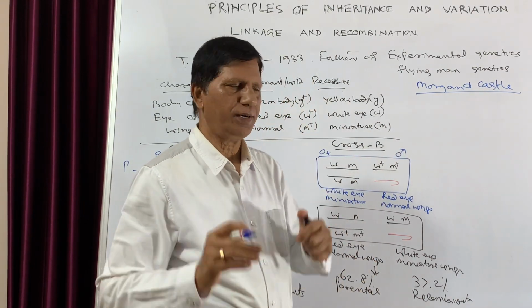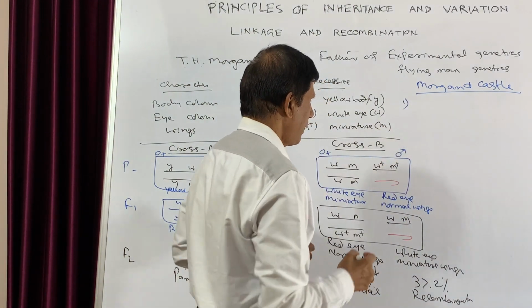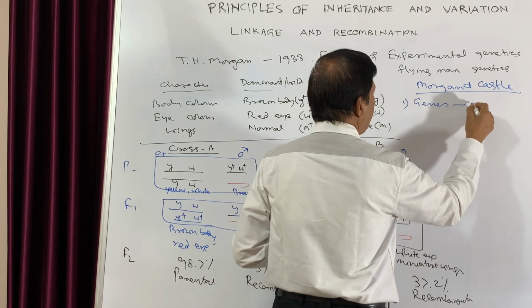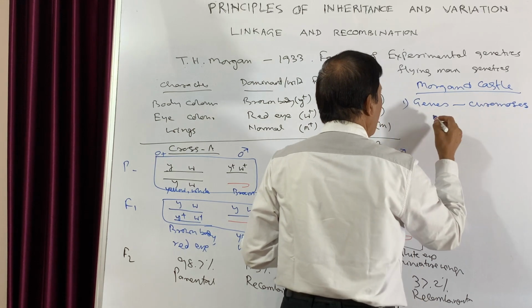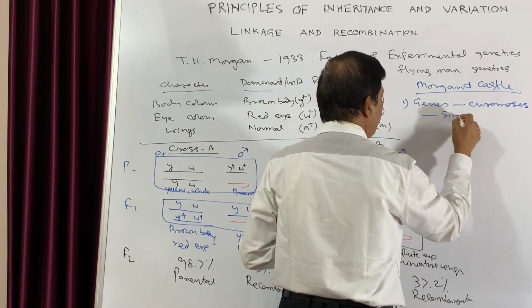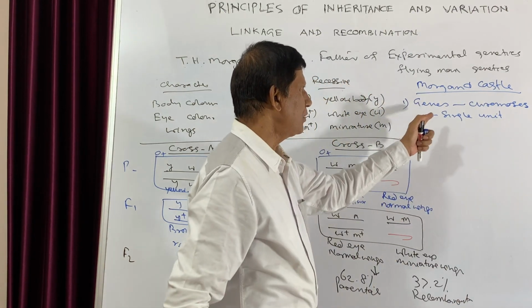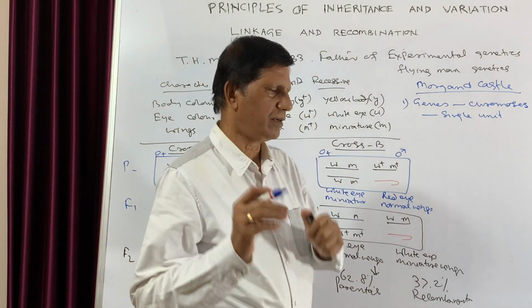So what are the important points? Number one, genes are present in chromosomes which behave as a single unit. Genes which are present in the chromosomes behave as a single unit.